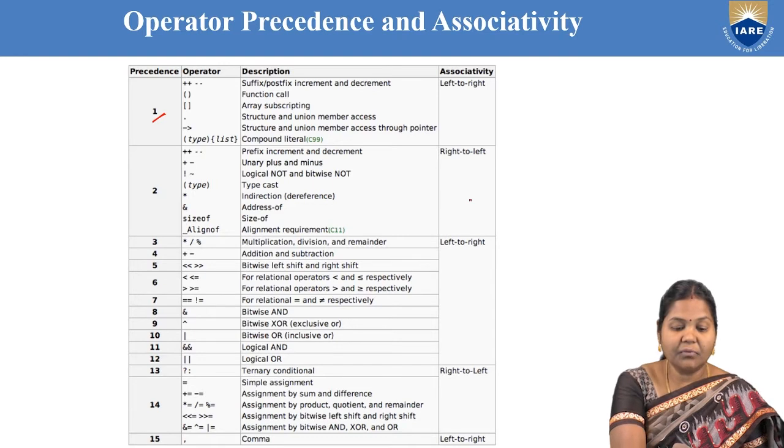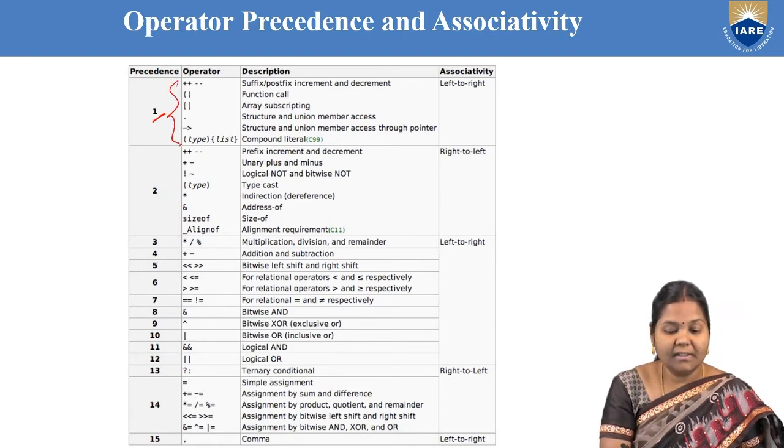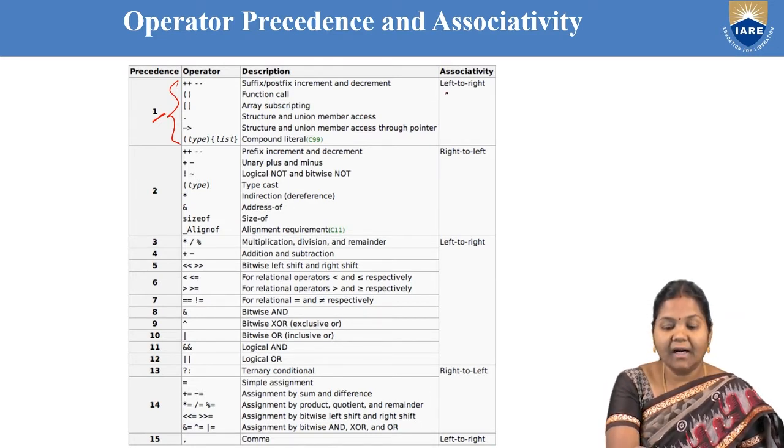Then followed by this whole category: function calls, array subscripting, structure and union member access operators, and compound literal. All these have the highest order of execution, and the associativity is from left to right.